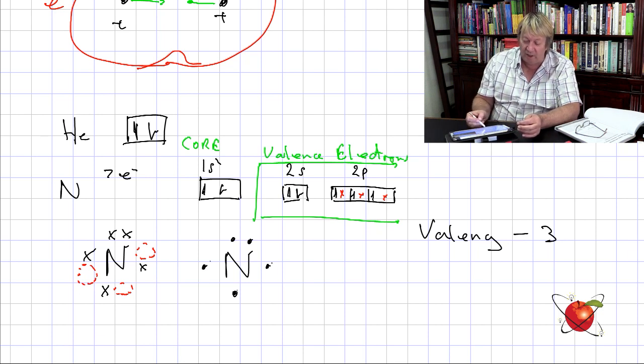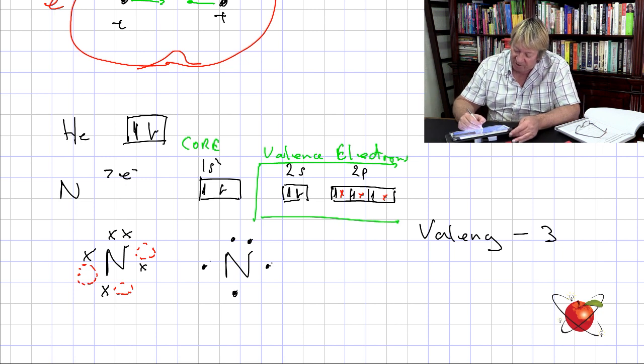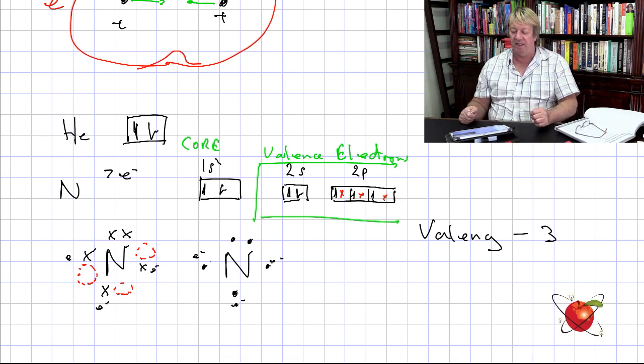But remember, these are all electrons, right? So this is an electron here, this is an electron, this is 1, this is an electron. They're all electrons, aren't they? So hold on. Nitrogen can come along, right? And it can say, but I need 3 electrons. Okay, I'm unhappy. I'm unfulfilled.